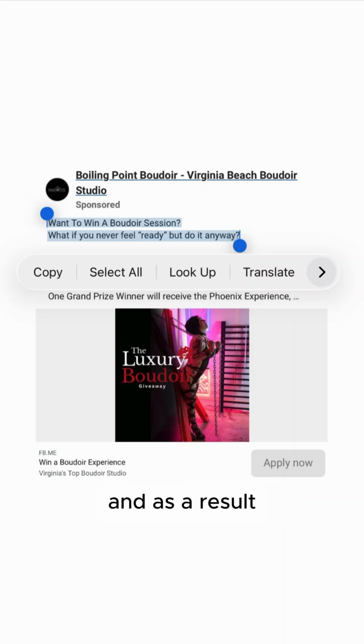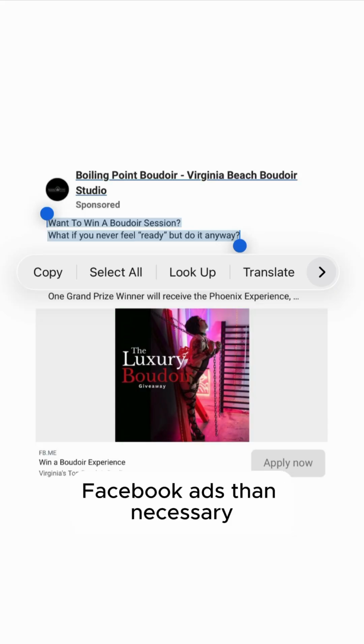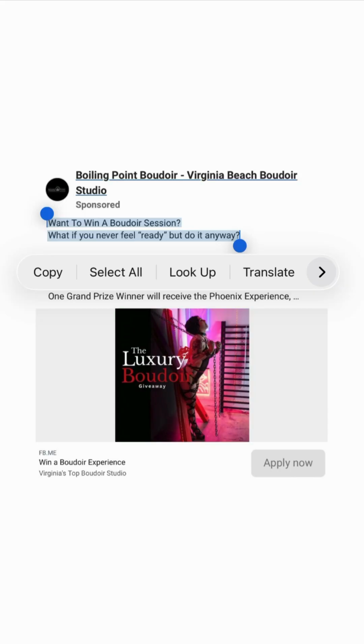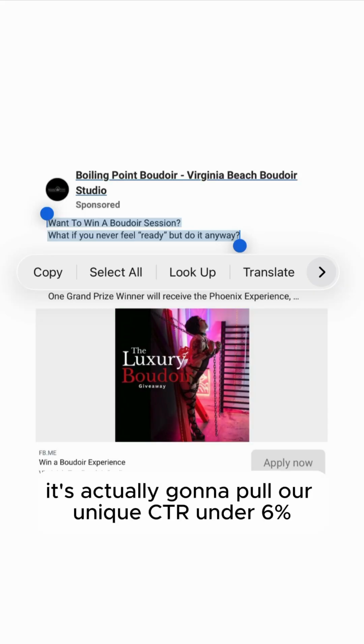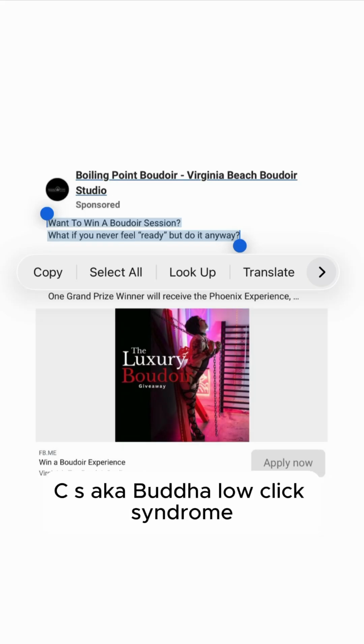As a result, we're going to have way, way, way more women scrolling by our boudoir Facebook ads than necessary. And it's going to pull our unique CTR under 6% and increase the probability that we have BLCS, aka boudoir low click syndrome.